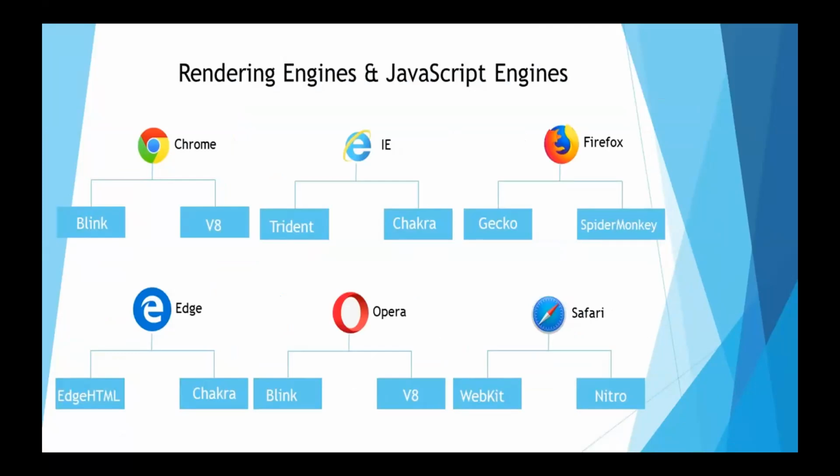Firefox uses Gecko and SpiderMonkey. Edge was very recently updated to an engine called Chromium, the latest engine used by Edge; earlier it used Chakra and EdgeHTML. Opera also uses Blink and V8. Safari uses WebKit and Nitro. Every browser has an engine.